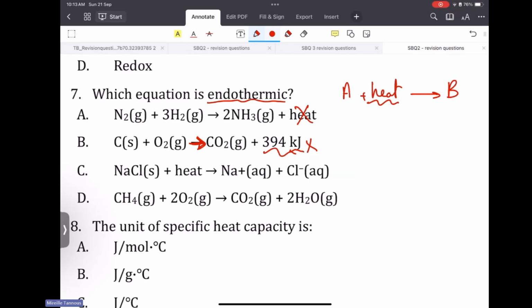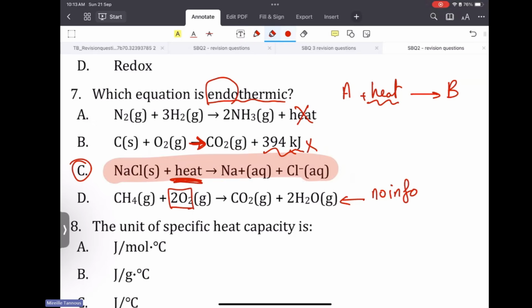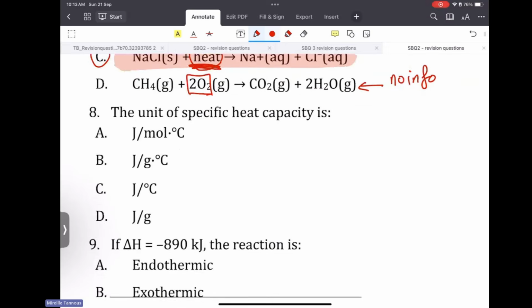So this is exothermic. D, there is no information about heat change, although we know that this is exothermic because it's a combustion reaction, but it doesn't show. The question wants it endothermic. So the only endothermic choice here is choice C because the heat is written with the reactants.